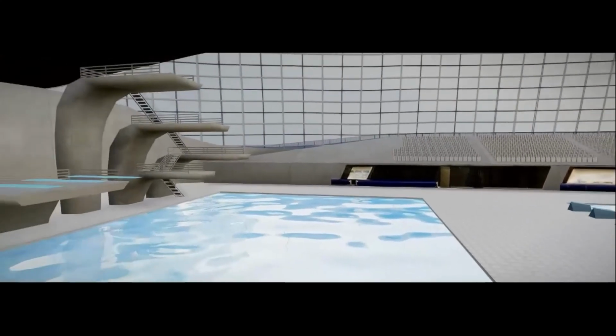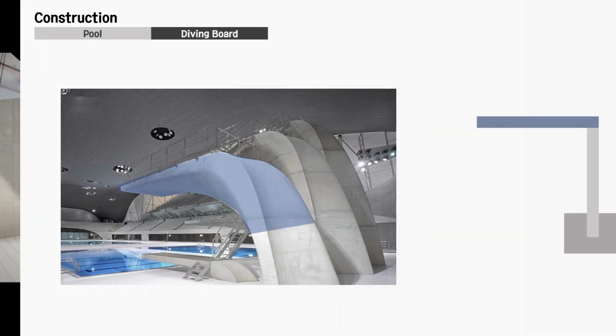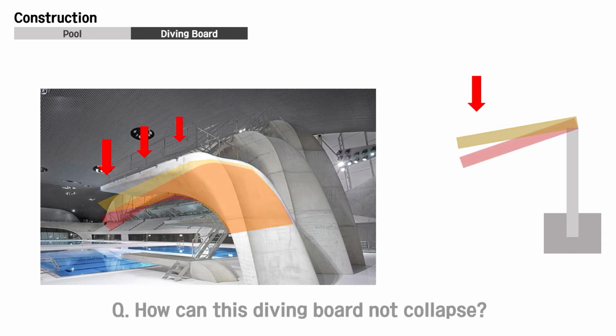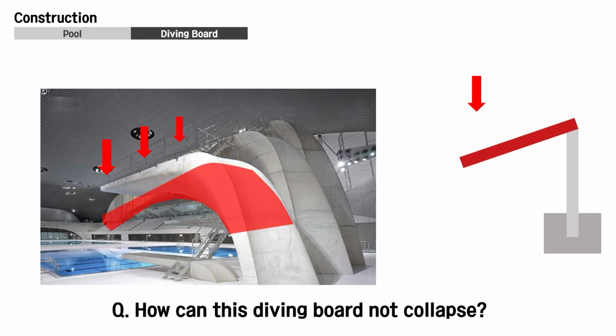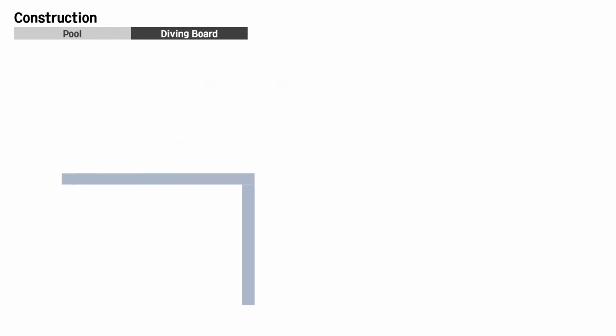There are specially constructed diving boards right beside the pool. We may have questions about how this diving board structure can hold out without collapsing from bending moments. To answer this question, we should understand the cantilever structure.